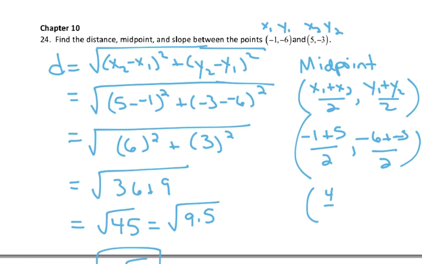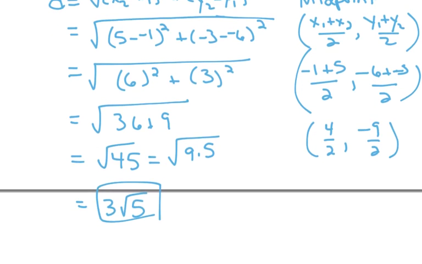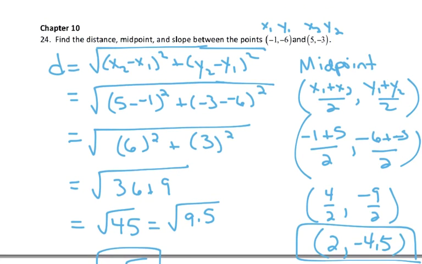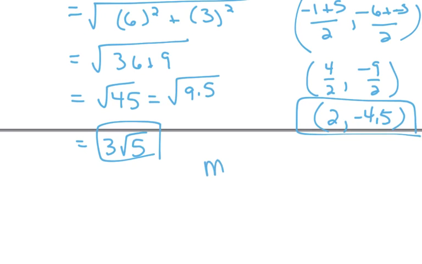I get 4 over 2 and negative 9 over 2, which is going to give me 2 and negative 4.5. So that would be the ordered pair that is the midpoint of those two. The last thing we're going to do is the slope formula. The slope formula is change in y over change in x. Change in math means subtraction, so it's y2 minus y1 over x2 minus x1.